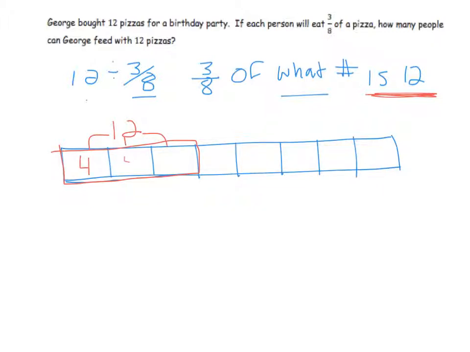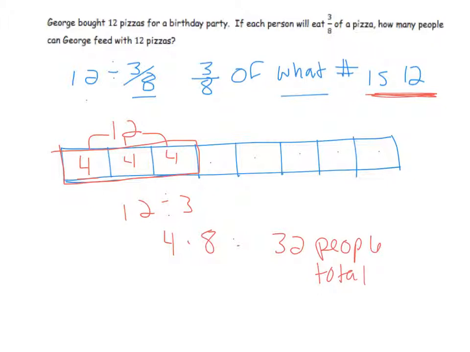So, like this. So we're taking 12 divided by 3 to get our 4. But there are 8 different sections. So 4 times 8, we would feed 32 people total.